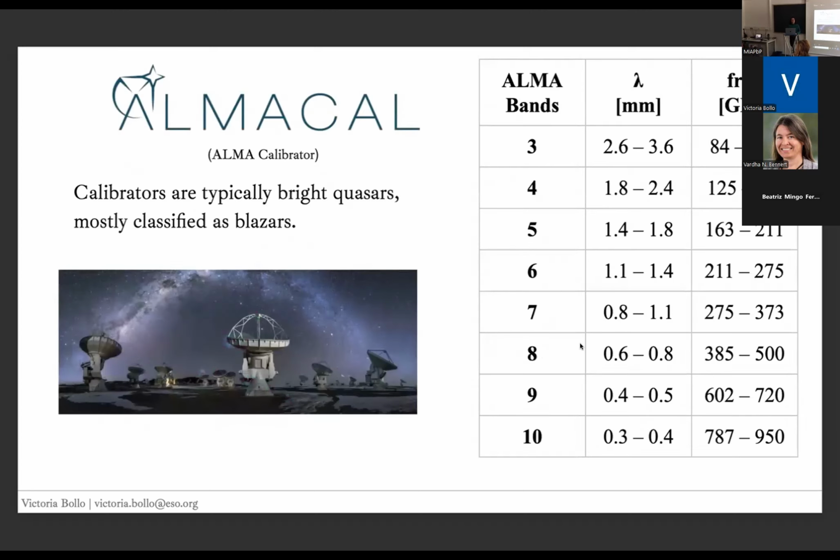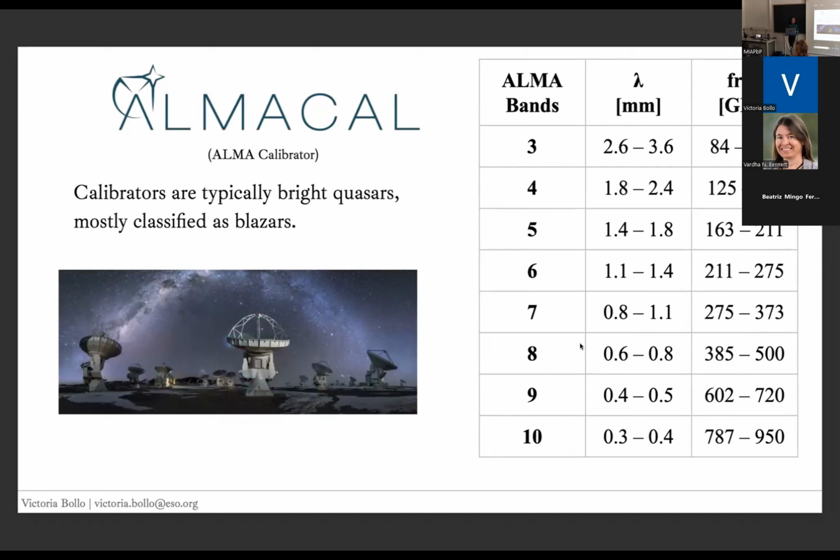Now I would like to introduce ALMA Cal. ALMA Cal is a survey that is compiling all the calibrator data. Basically, every ALMA science project spends a few minutes observing a calibrator. These calibrators usually are bright quasars, and most of them have been classified as blazars.